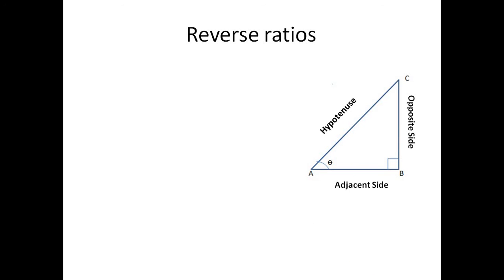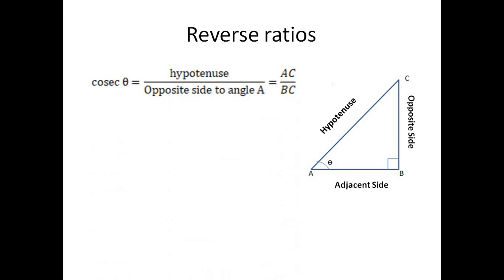Now if you look at the reverse ratios we just discussed, cosecant, secant and cot. Cosecant theta is, as I already told you, hypotenuse by the opposite side to angle A, that is AC by BC. In terms of sin theta, this will be reversed: opposite side to angle A by hypotenuse.